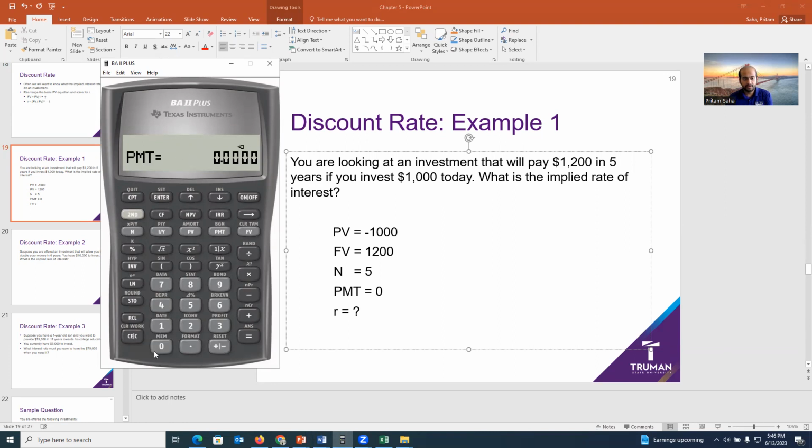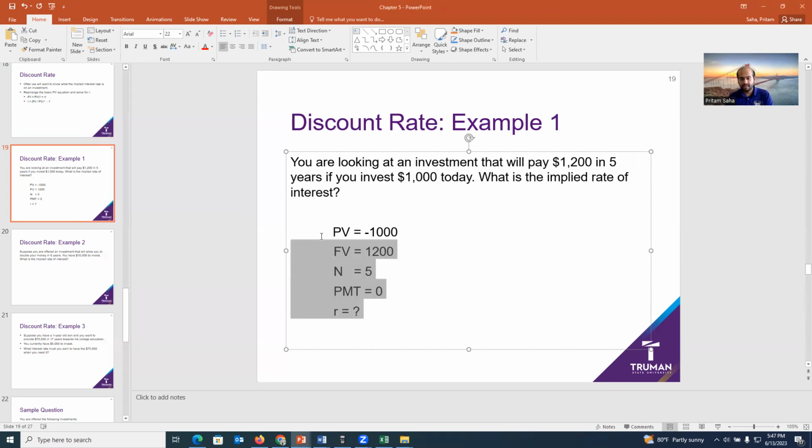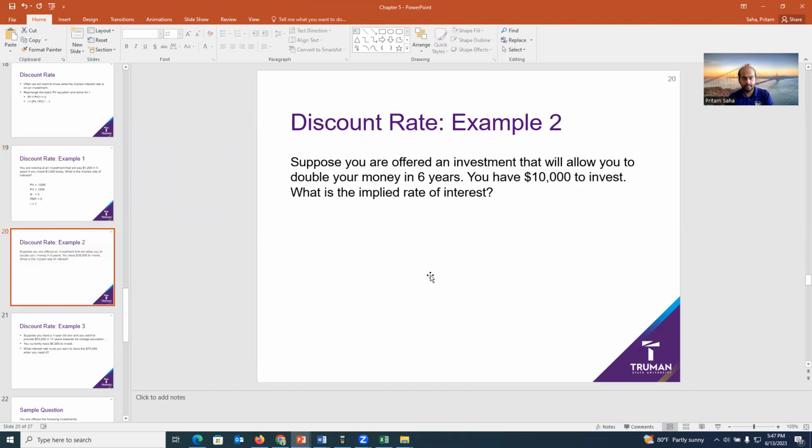Payment is 0. Future value 1,200. Compute. That's it. It's 3.7137%. If you remember from the last class, the financial calculator considers 5% as 5. So this is 3.7137%. Now just keep doing it. It should be easy.